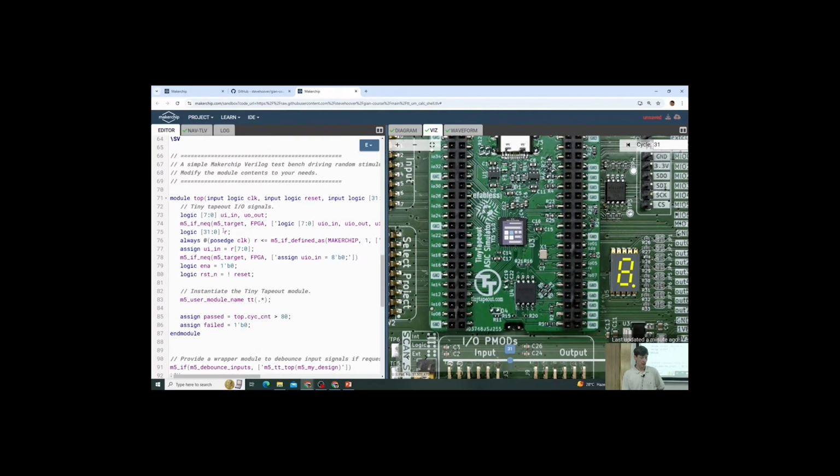And then the template has our standard makerchip module. We have a little bit of test bench code. This is just initially driving random values on UI in, which is our 8 input bits. This is just connecting those to random.